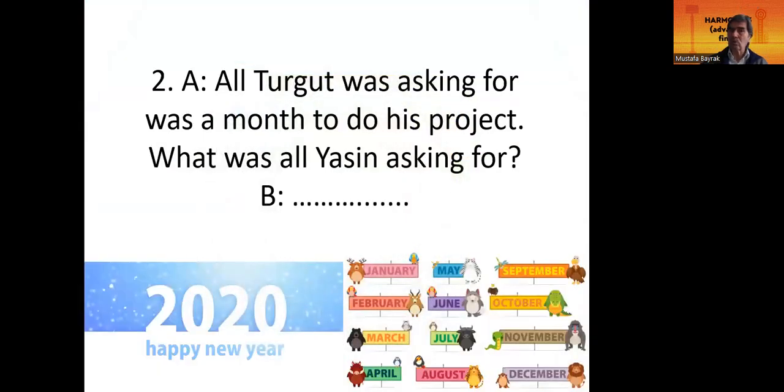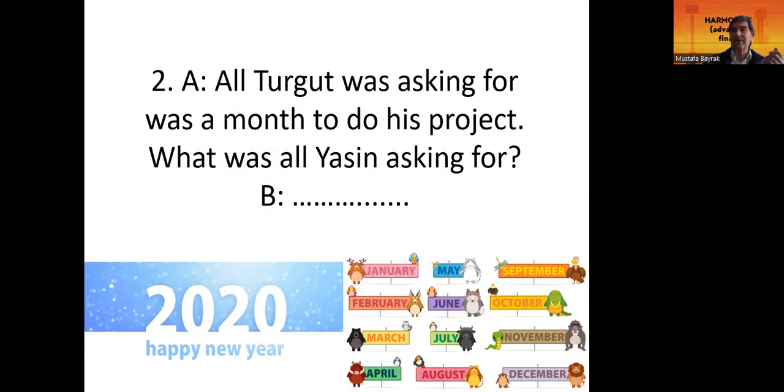Two, all Turgut was asking for, requesting, was a mount to do his project.